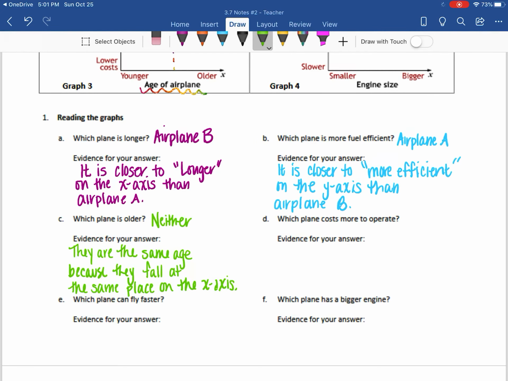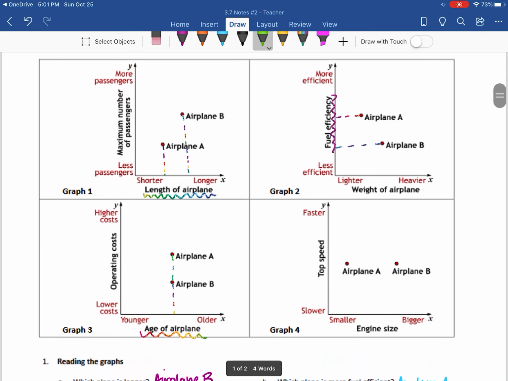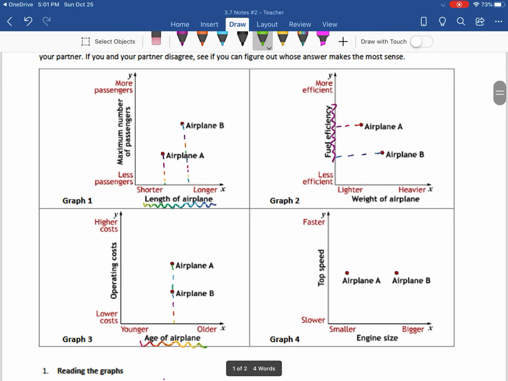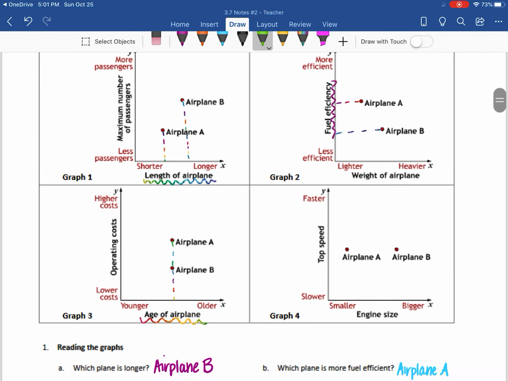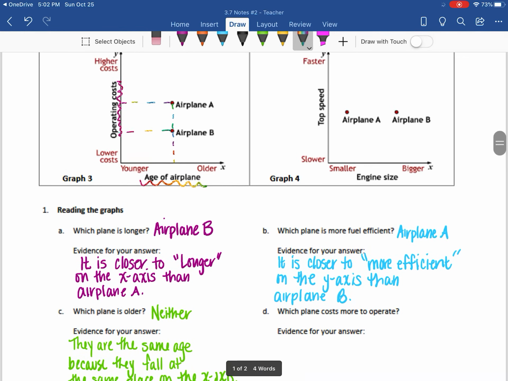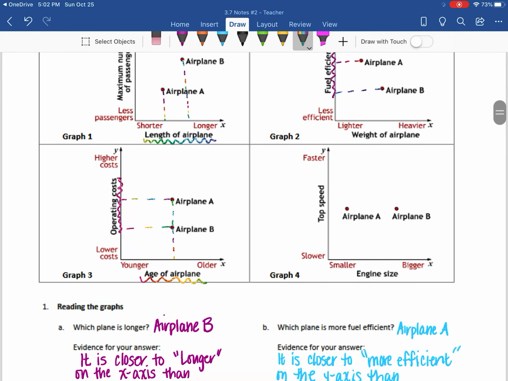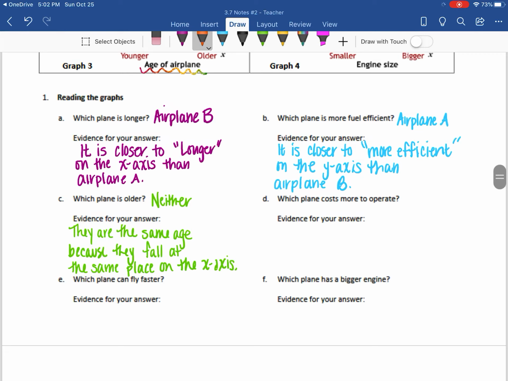Okay. Which plane costs more to operate? Okay, so we're going to be back on graph 3 because graph 3 talks about operating costs. Okay, so I'm going to draw my horizontal line over to operating costs from both airplane A and airplane B. And we are being asked which one costs more. Well, airplane A costs more.